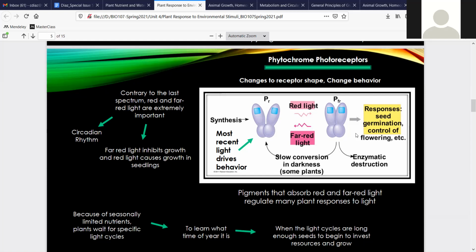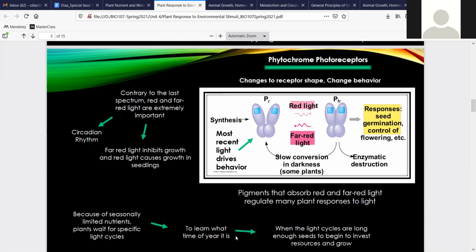And now it's saying, oh, we have PFR, we're going to start producing some hormones. I know what this does. And if there's enough far red light, the hormones will build up in that plant and the plant will start to flower or start to fruit, or will open up its flowers or something like that. There's going to be some type of genetic response to that change in protein structure.